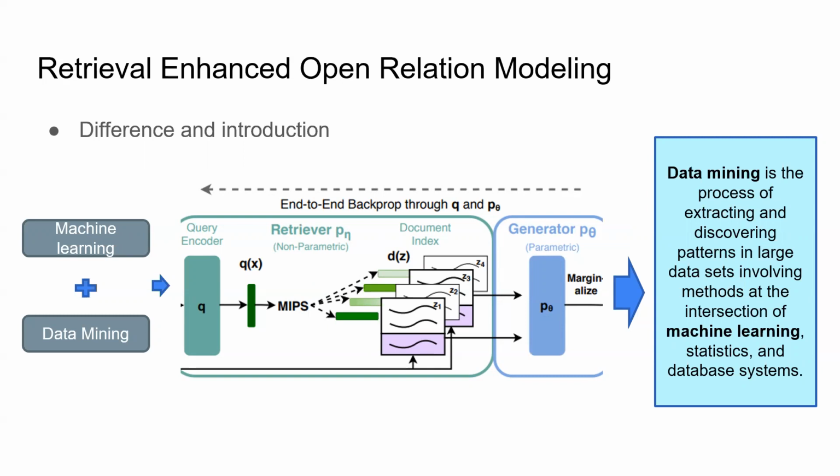Retrieval augmented models address this issue. It gives you access to not only look up your trained knowledge, but also look up external knowledge, such as a few pieces of wiki passages. Retrieval enhanced open relation modeling is an open relation model combined with non-parametric memory by jointly learning knowledge from a retrieved, accessible knowledge base.